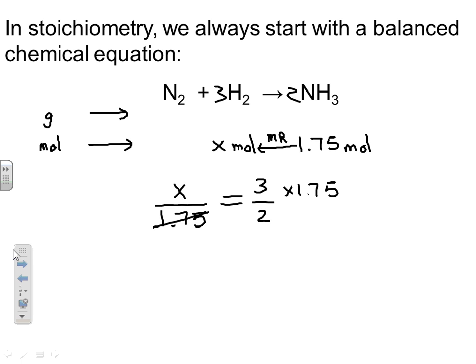Then just run that through your calculator. 3 times 1.75 divided by 2. 5.25 moles.